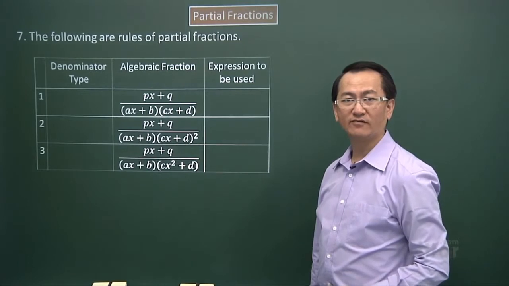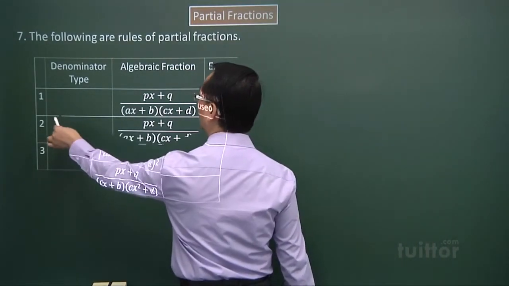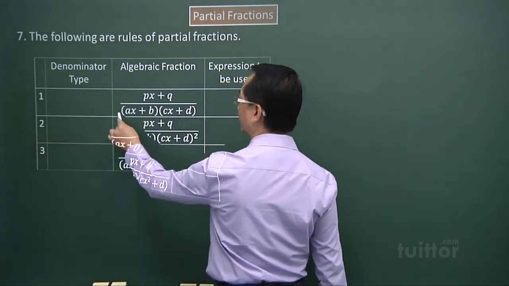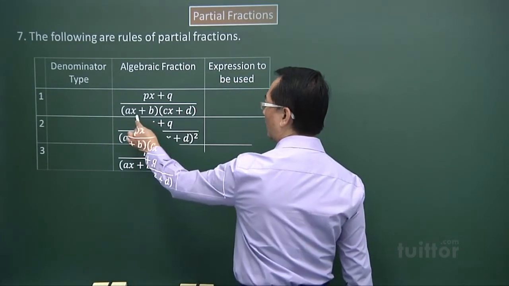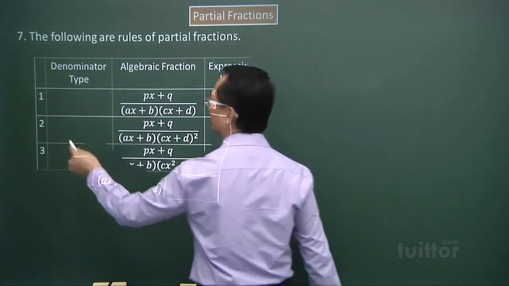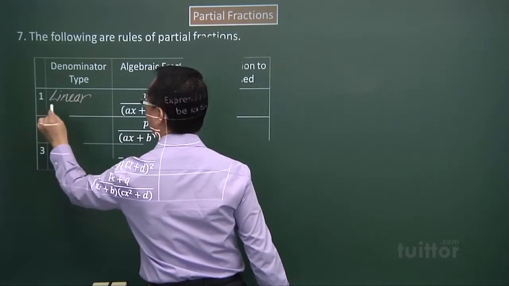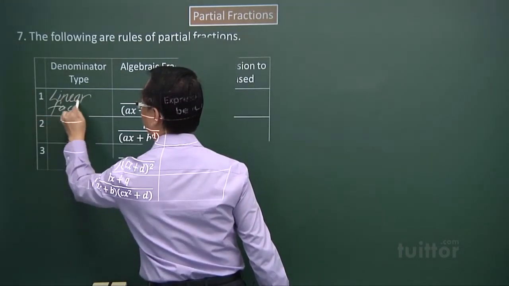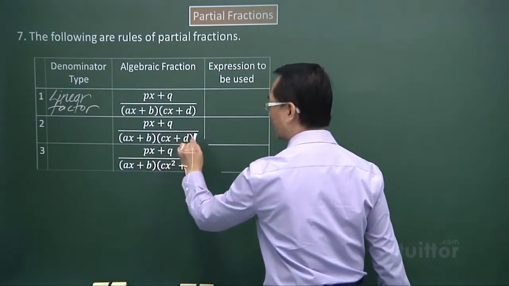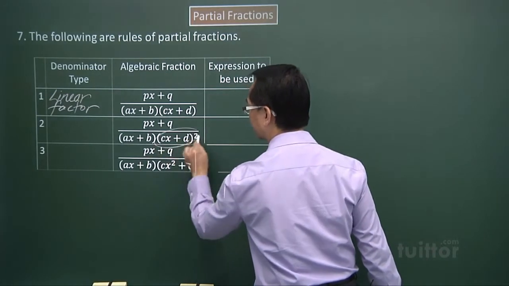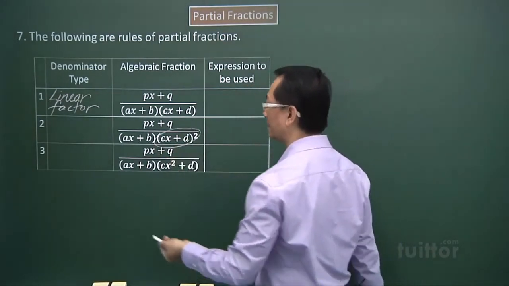Let's look at point 7 now. The first type that we're looking at, if you're looking at the denominator of the algebraic fraction, we have linear factors. So the first type is linear factor. And type 2, if you just observe this, that is a repeated linear factor.